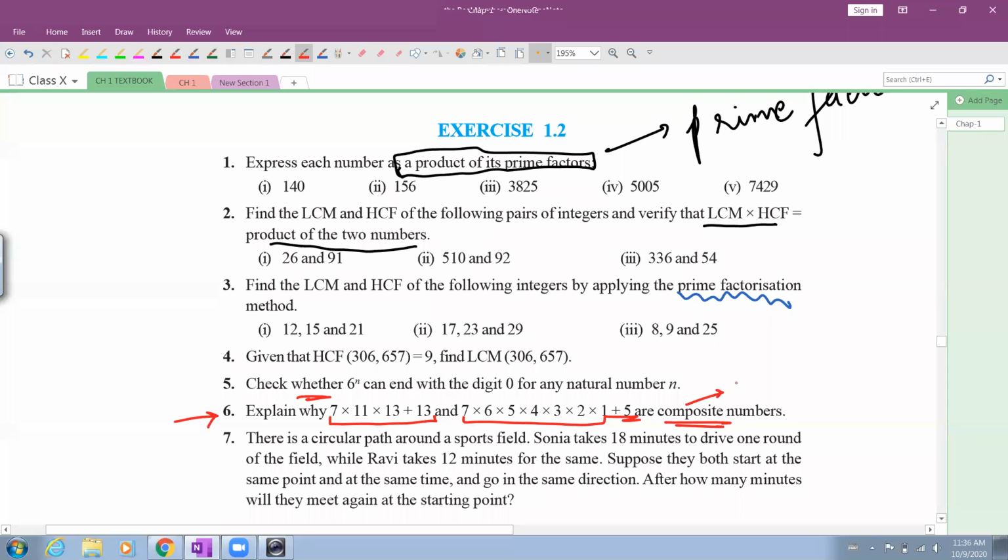So we are going to use the definition. The definition of a composite number says that it has more than two factors. So if we can somehow prove that the numbers written here, the way they have been written, have more than 2 factors, then we will say that these numbers are composite numbers. And to do that, there are two ways.